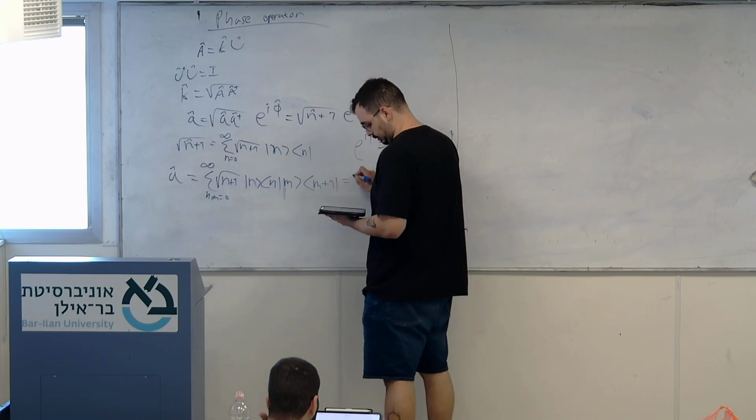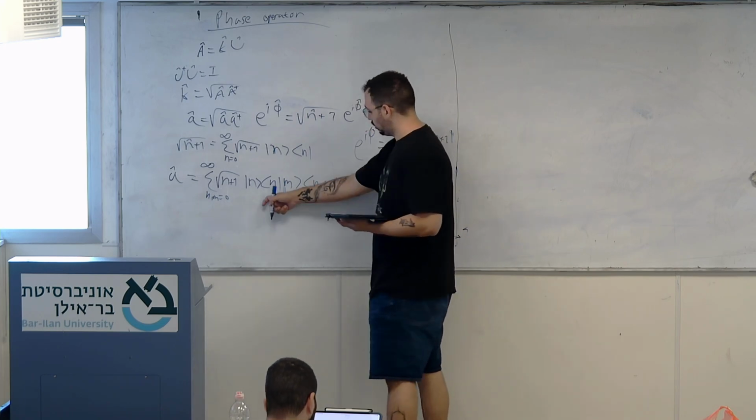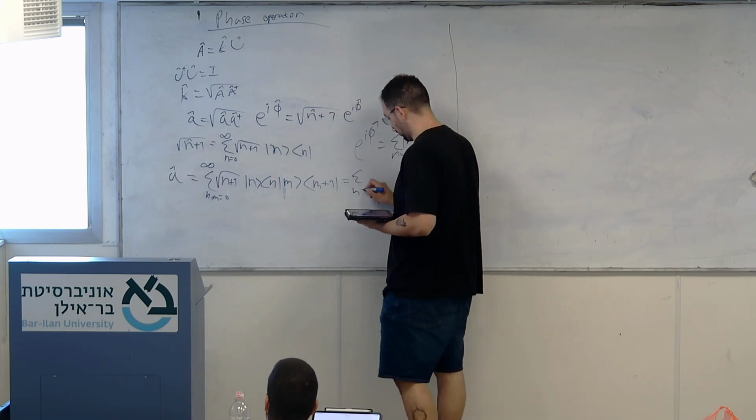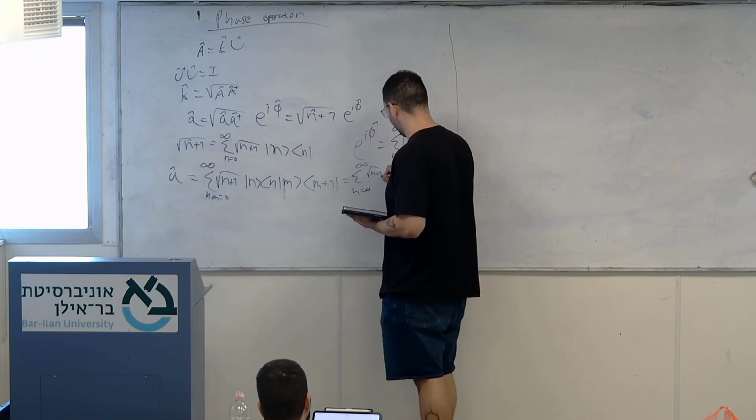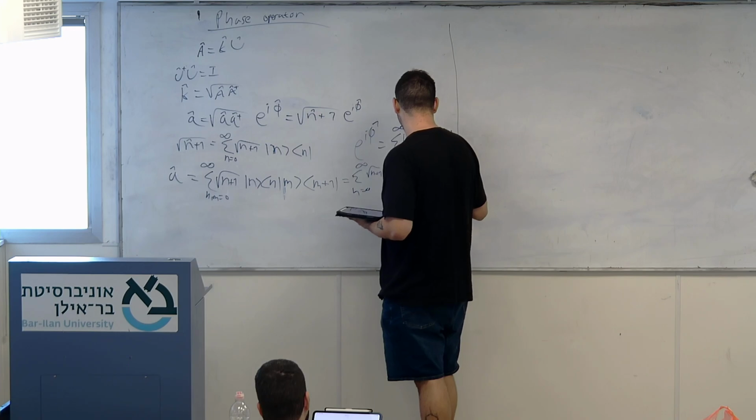Overall, this is orthonormal, so it will be equal to the sum over n equals 0 to infinity of square root of n plus 1, n, n plus 1.